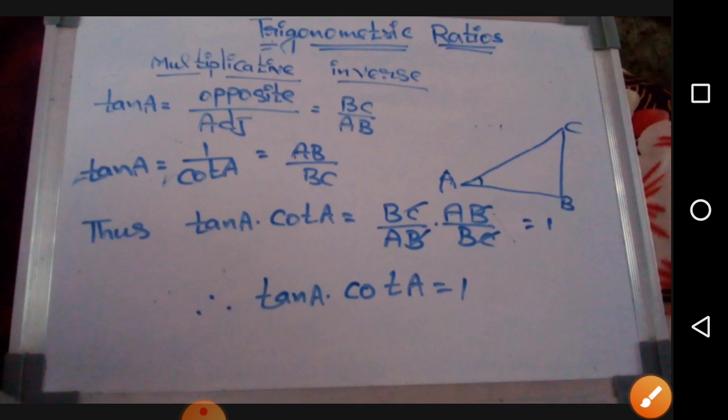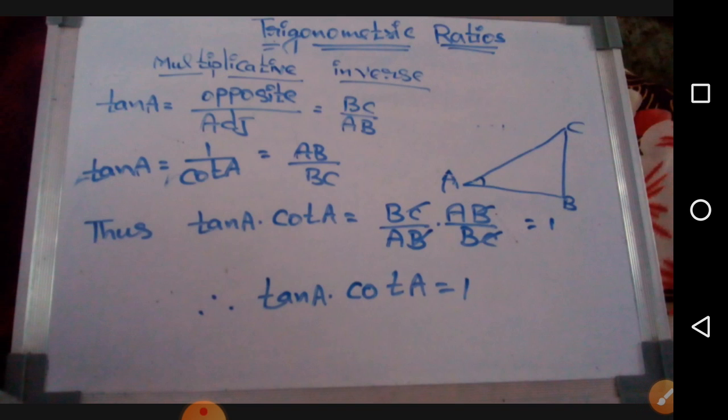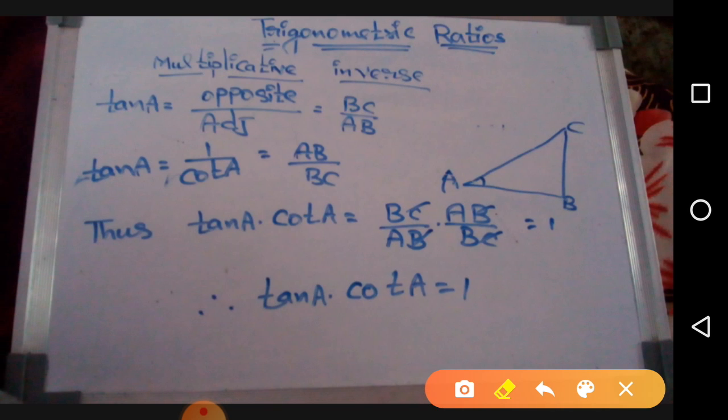Let's move on to the third multiplicative inverse. As we have seen, the third basic one is tan, and tan equals opposite by adjacent. Tan A is nothing but opposite, that is BC by AB, and the opposite of this is cot A, that is 1 by cot A. Thus tan A into cot A we have to get 1.